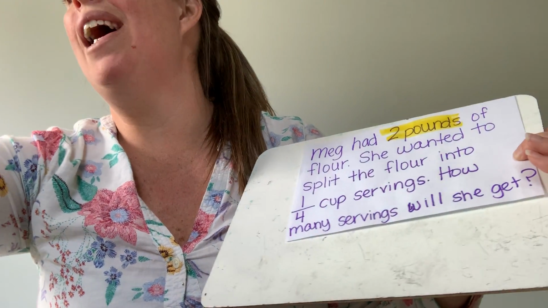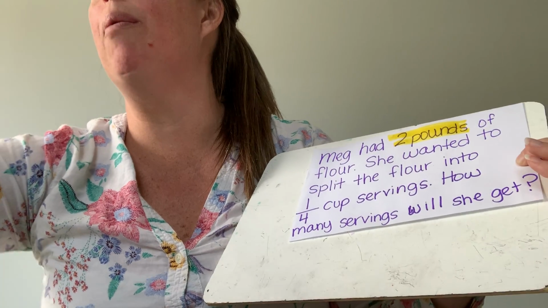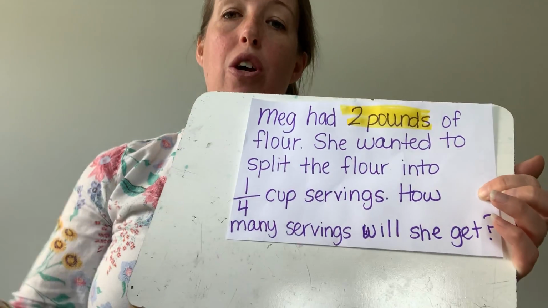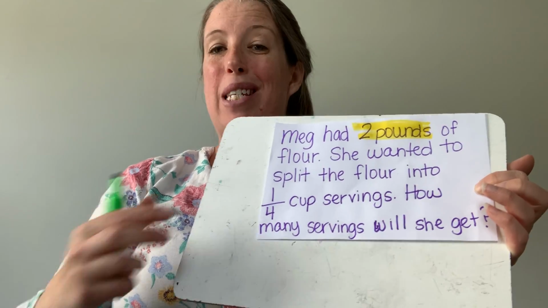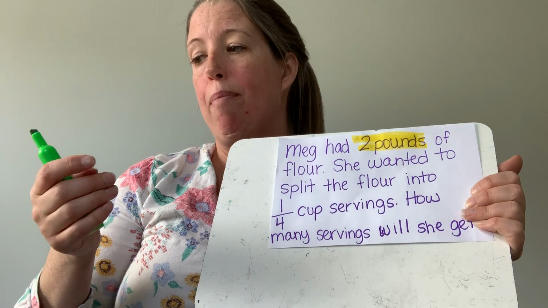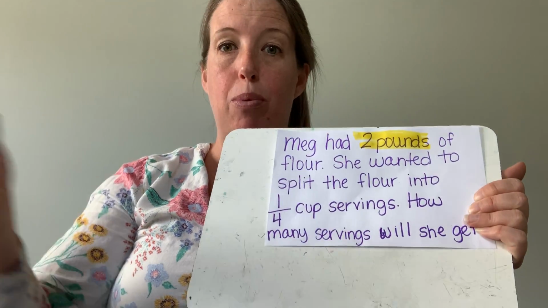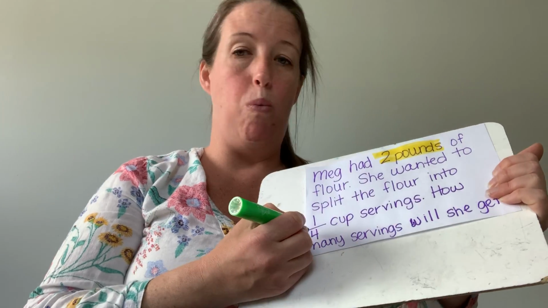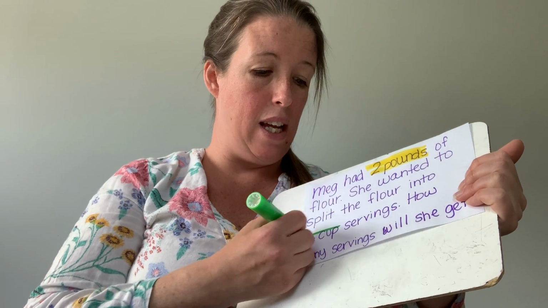Okay, so now after I have my what, I want to think about my who. Sorry, just looking for a marker. My who. And remember I said before a who could be a person, or a who could be like a thing that you're dividing it between. So for here, you're dividing it in between 1/4 size servings.